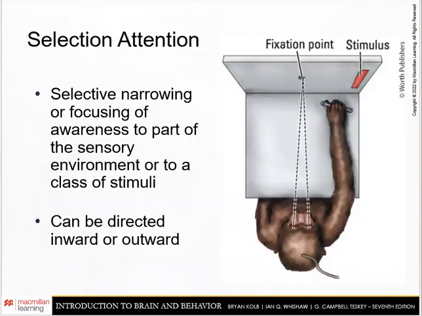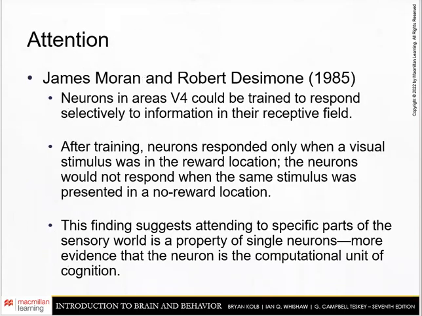In the selective attention task, selective narrowing or focusing of awareness to part of the sensory environment or to a class of stimuli can be directed inward or outward. Now, James Moran and Robert Desimone did some research which showed that neurons in area V4 could be trained to respond selectively to information in their receptive field.